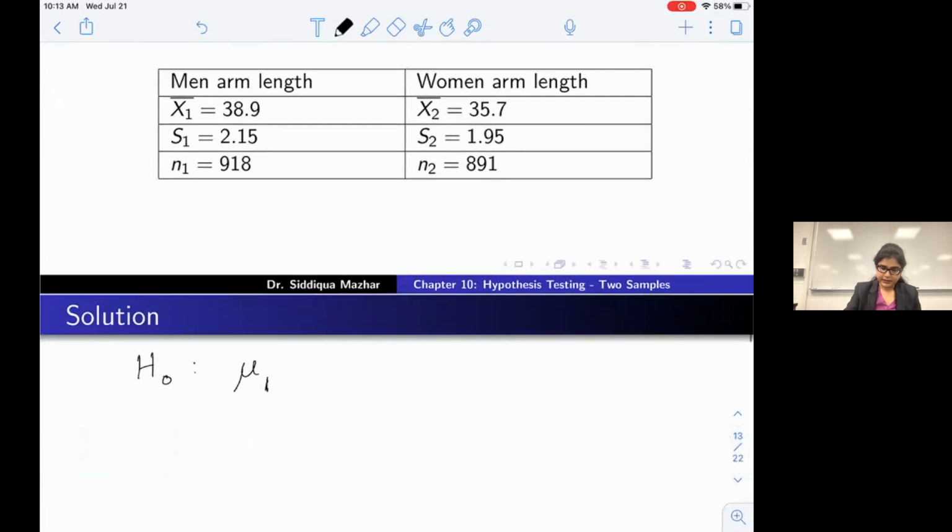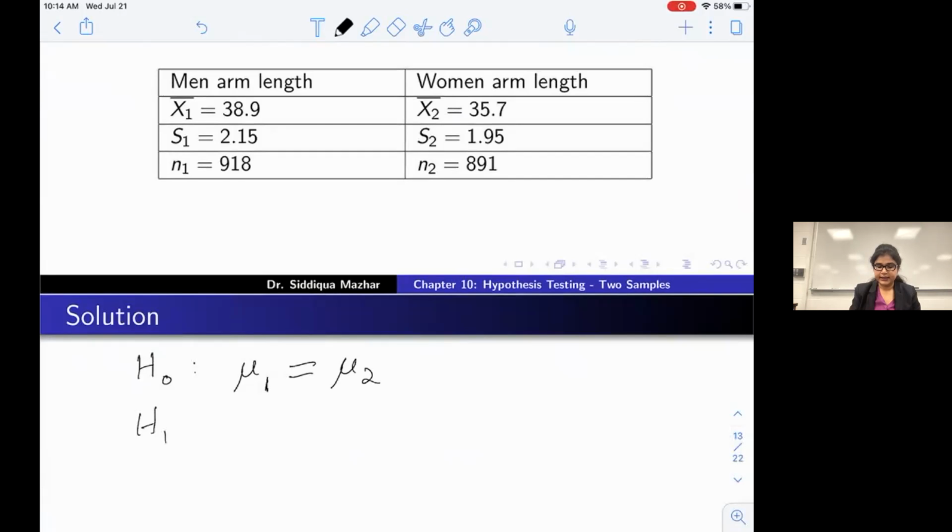First of all, you need to know that the null hypothesis always has to be fixed with the equality. So in the null hypothesis, I'm going to suppose that the average arm length for male and the average arm length for female are equal to each other, because the equality sign is associated with the null hypothesis. Otherwise, my test will not work.